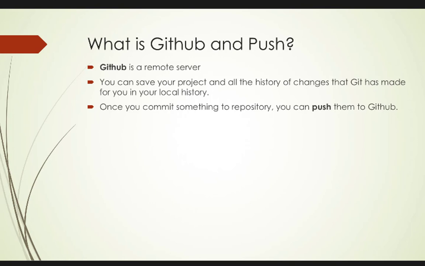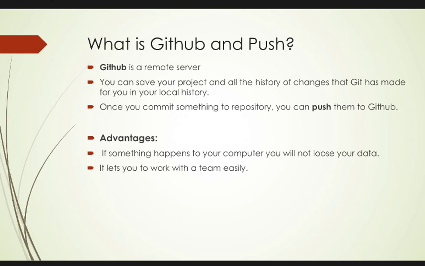It's a server in which you can save your project and all the history of your project, just the same as you have them on Git, so that you can access them both on Git and GitHub. And whenever you make changes on your own computer, you can commit them and then push them to GitHub. So this way, everything is stored both on your own laptop and also on the GitHub server.